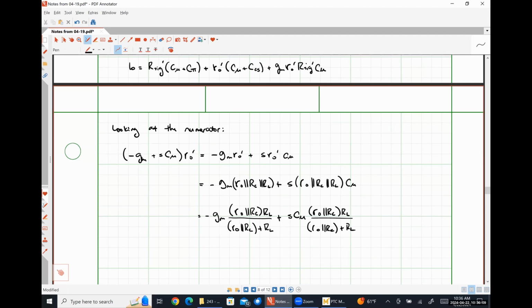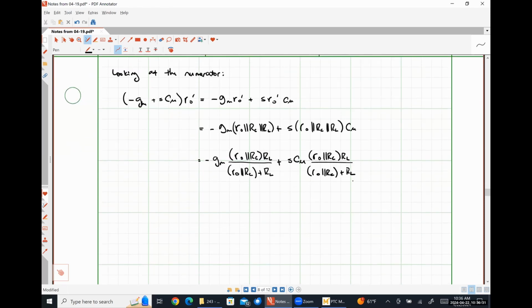Right, so I'm going to wind up finding a pole, but I'm also going to pull out my midband gain from this, because we know that our high frequency response should be able to express in the form of midband gain times high frequency zeros over high frequency poles. So I'm going to go ahead and pull out that midband gain here. We're using the exact same midband gain as we did in the low frequency response because we have to. They should be literally the exact same thing. So that's just going to be negative gm R naught in parallel with RC.